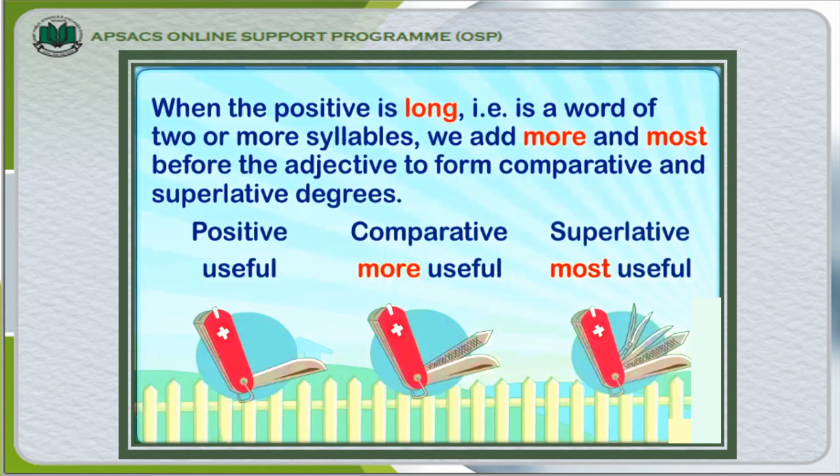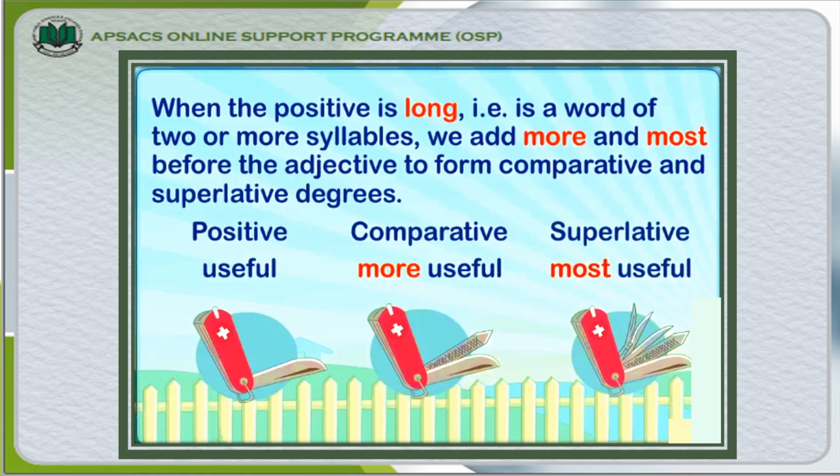Okay, when the positive is long, that is, a word of two or more syllables, then we add more and most before the adjective to form comparative and superlative degree. For example, useful: we will add more before useful to make it a comparative degree.